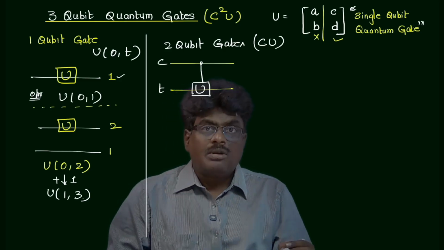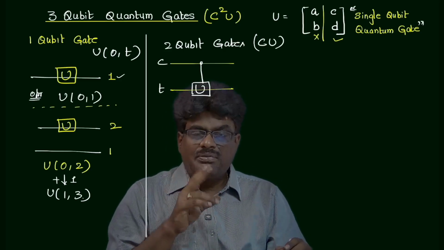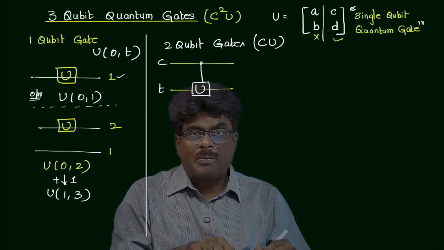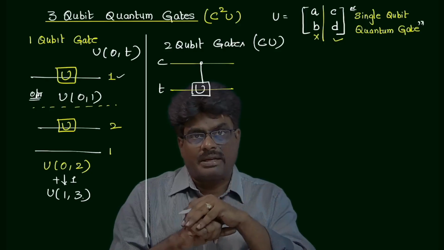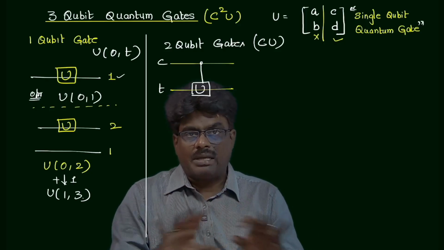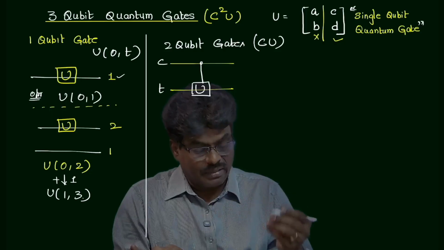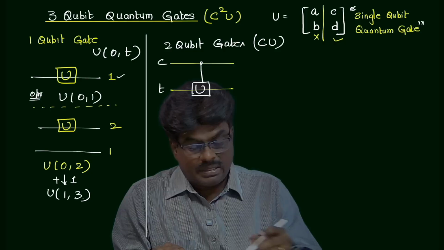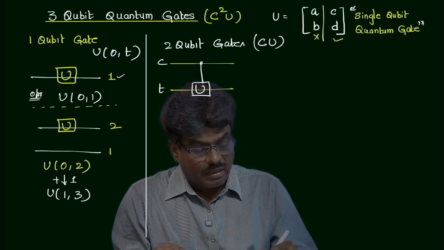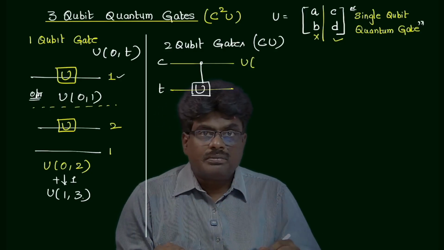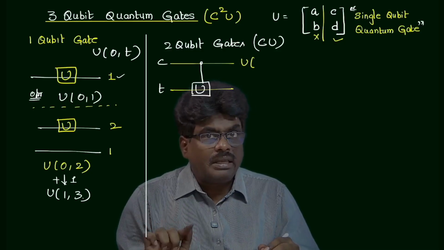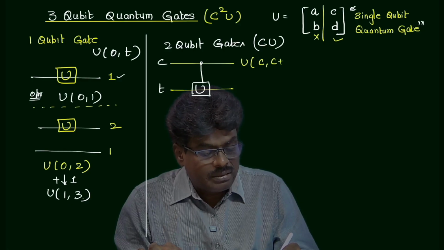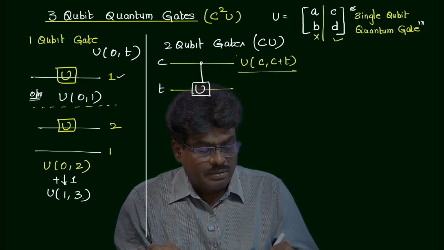Controlled operation means that if c equals 1, then only this unitary operator will operate on the target, otherwise it stays as it is, no change. How to write this? The operation is represented by U of, earlier 0 comma t, but here c is involved, so it is c comma c plus t. So this is the operation.